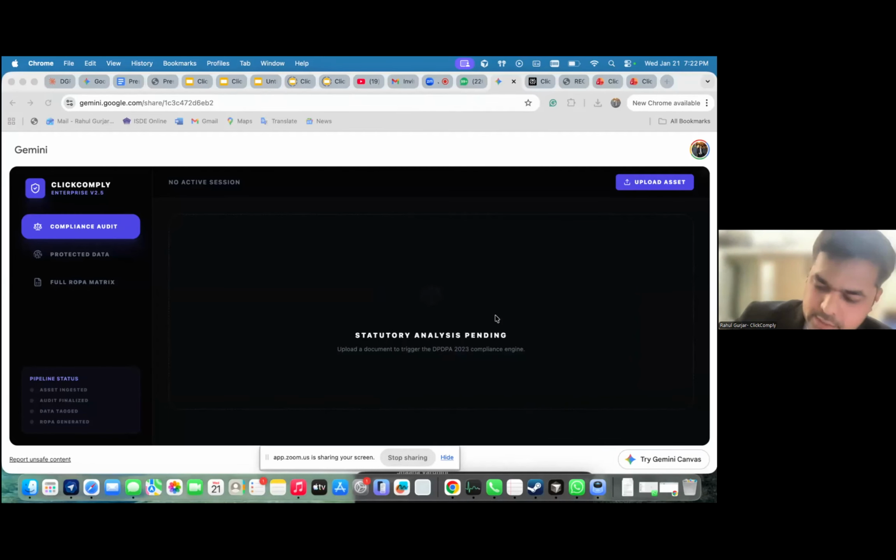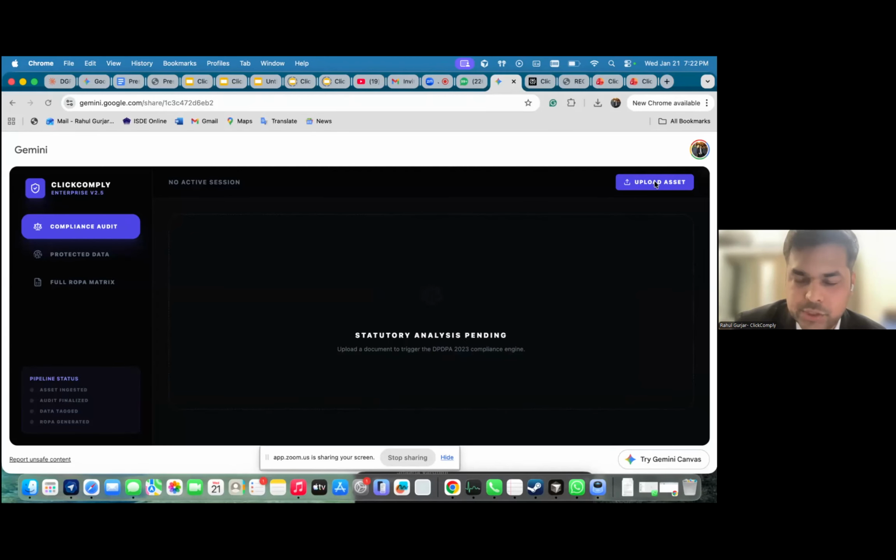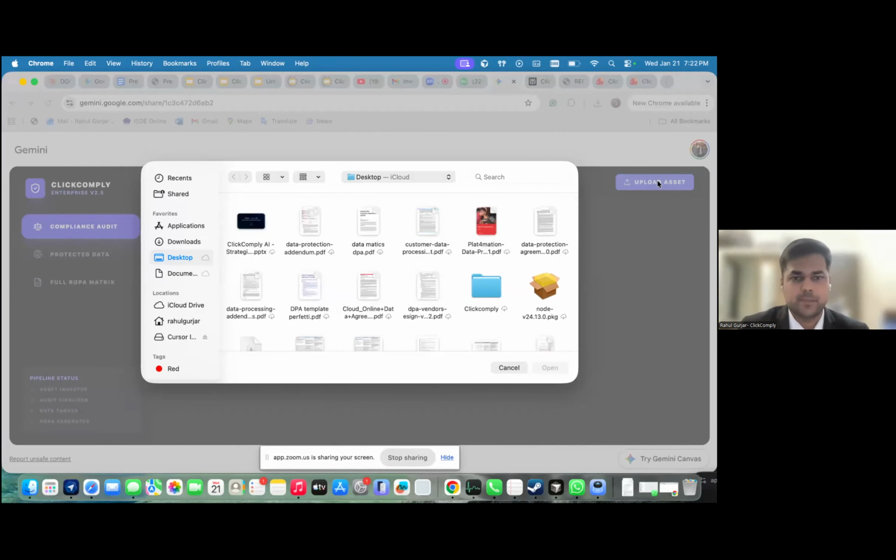Okay, so this is just a demo of what the product will look like. For example, you can see there's a compliance audit, there's protected data, and there's a full ROPA metric. What you have to do is upload an asset, which is any document that you have. It could be a contract, a privacy policy or whatever. For example, I have a few contracts that I used to work on, so I'll just use one of those.